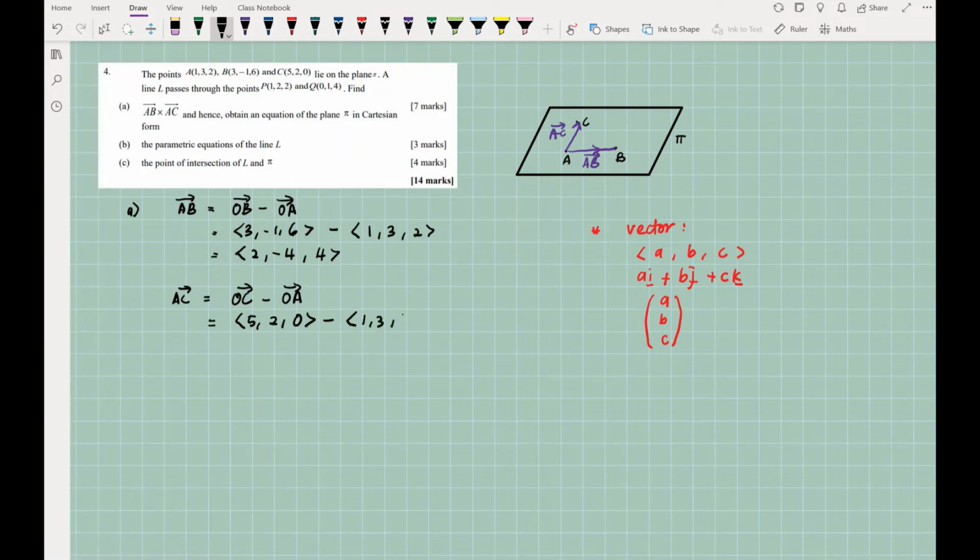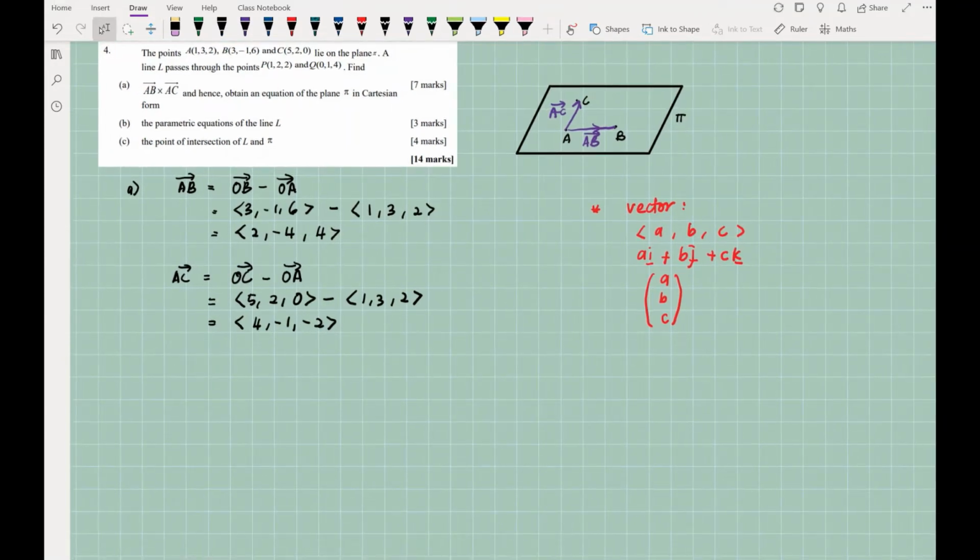I'm going to move on to the next one, iaitu finding vector AC. OC is the position vector of point C. Jadi 5, 2, 0. Ditolakkan dengan OA adalah 1, 3, 2. So if you calculate this, you are going to get the vector AC adalah 4, negative 1, negative 2.